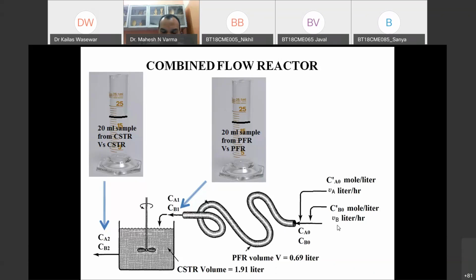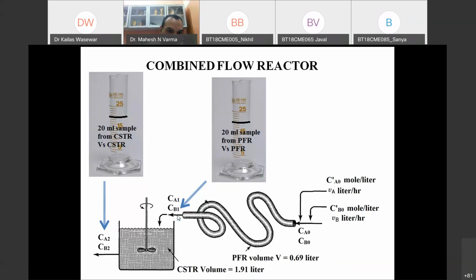Both are mixed and given to the plug flow reactor. So at this point I will have concentrations Ca0 and Cb0, and then some reaction will happen in the plug flow reactor here, and at the output of the plug flow reactor I will have concentrations Ca1 and Cb1.